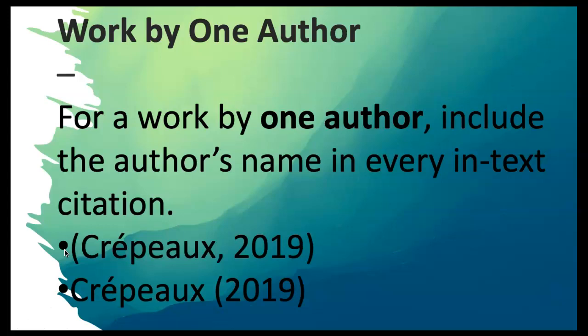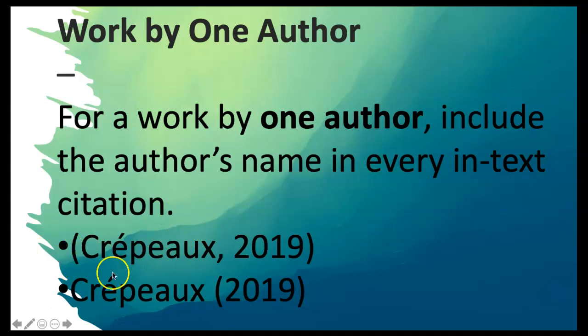Now let's talk about how we cite one author, two authors, and more than three authors. When there is a work by one author, it's simple. You are writing the name of the author and putting a comma here. These punctuations are very important.